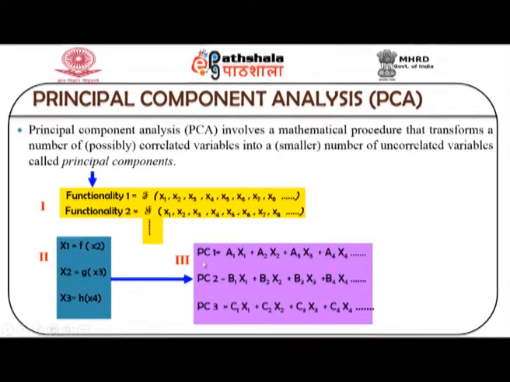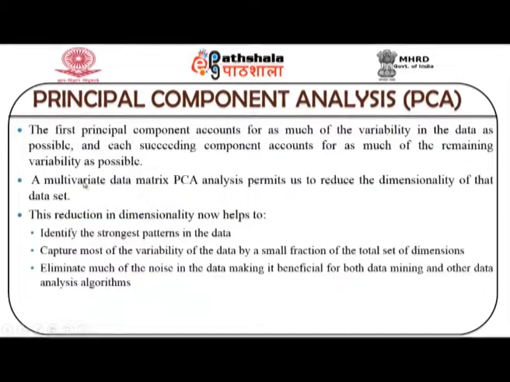So, this entire data set is transformed into various principal components, basically PC1, PC2, PC3, etc. The first principal component accounts for the variability in the data set, and each succeeding component also accounts for the remaining variability as far as possible. A multivariate data matrix in PCA permits us to reduce the dimensionality of the entire given input data set.